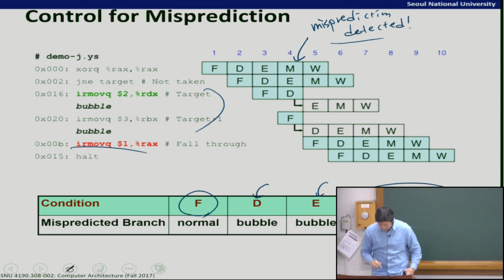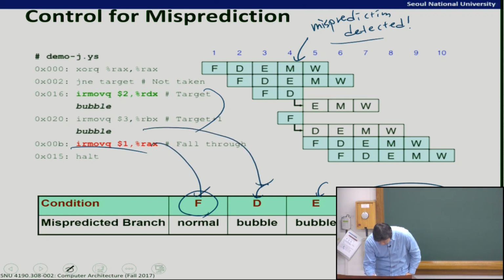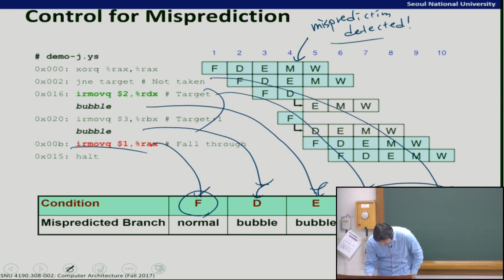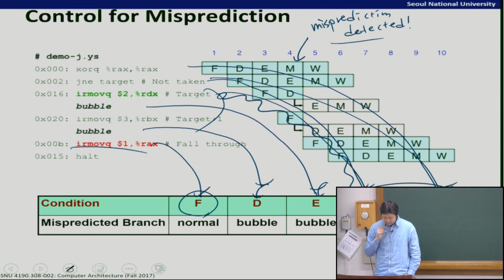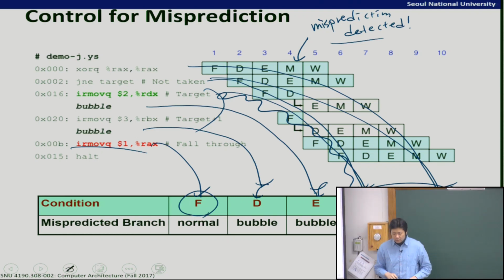Okay, so whenever there's a misprediction, we have to replace those two instructions fetched from the target with bubbles, and then in the fetch stage, we get the correct instruction.